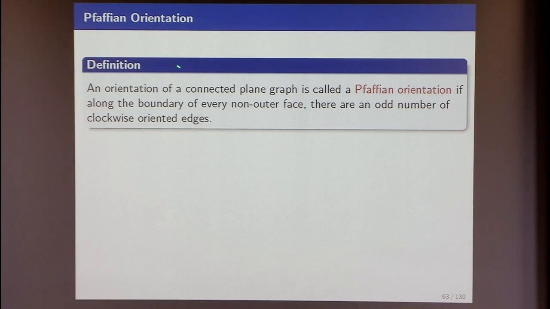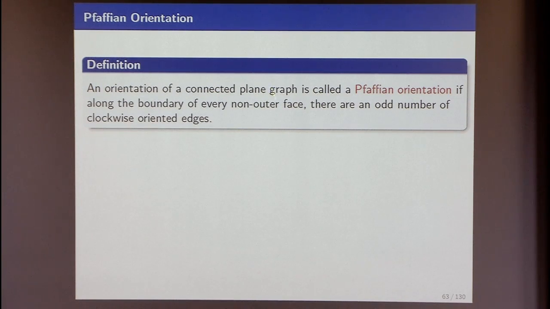Okay, so now I come to this definition called the Pfaffian orientation, which is at the heart of the Kasteleyn or FKT argument. How much time do I have? 10, 15. Okay. So, a Pfaffian orientation, I'm talking about a planar graph now, a connected planar graph.